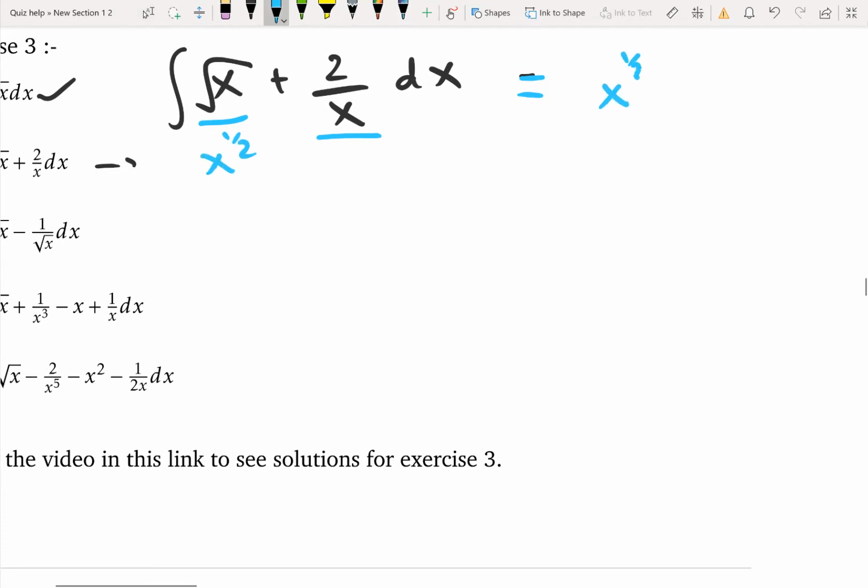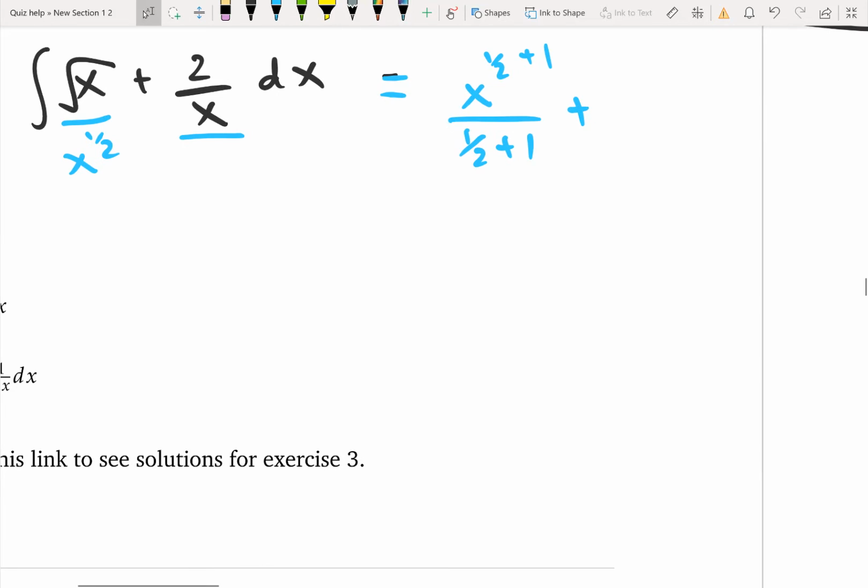So x to the power half plus 1, we already saw this, plus, if you integrate 2 over x, what do you get? Okay, so 2 times natural log absolute value of x plus c. Now if you have forgotten this, or if you don't know how I got this one, click on the link above this video to watch my video where I'm explaining how to integrate this type of function.